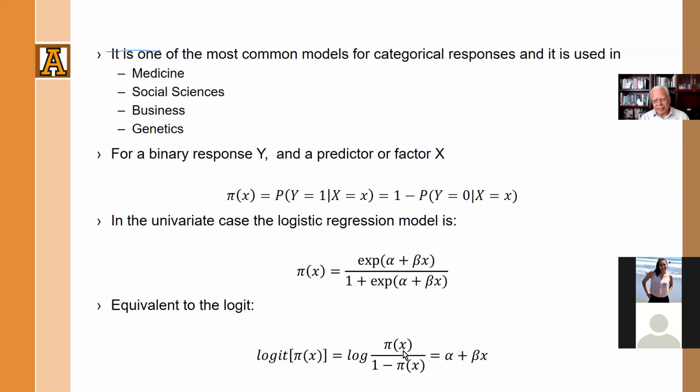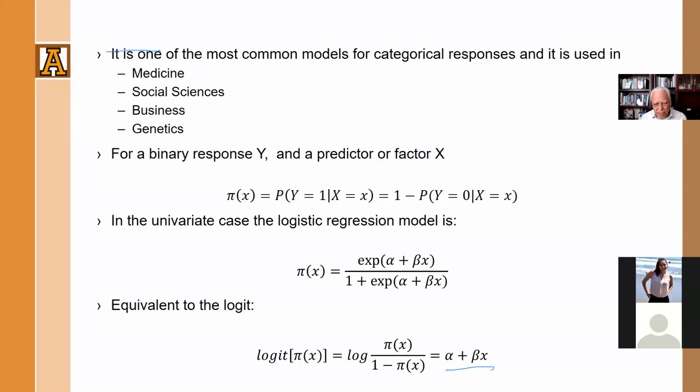The logit is the log of pi of x divided by 1 minus pi of x. We saw that. That's the logit, and that's alpha plus beta x. That's why logistic regression is considered a linear model: the logit is a linear function of x and a linear function of the parameters.